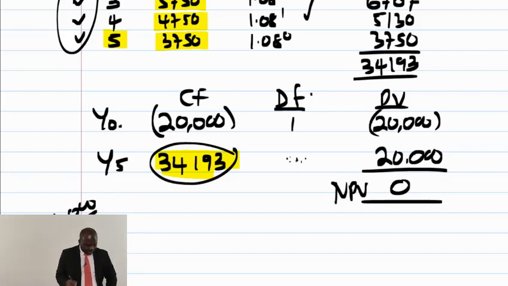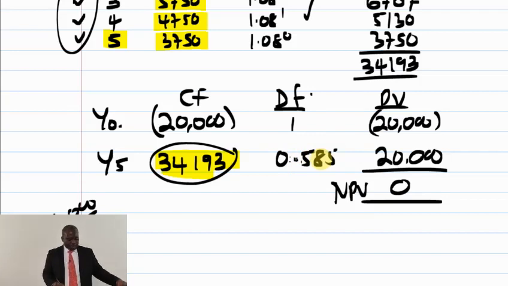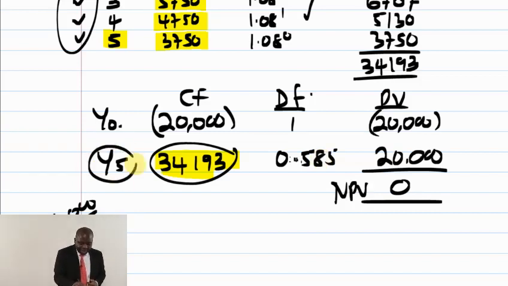And that is given as 20,000 divided by 34,193. That is about 0.585. So the meaning is, if you go to your present value table, you drag to the 5-year level, a figure which is very close to that.